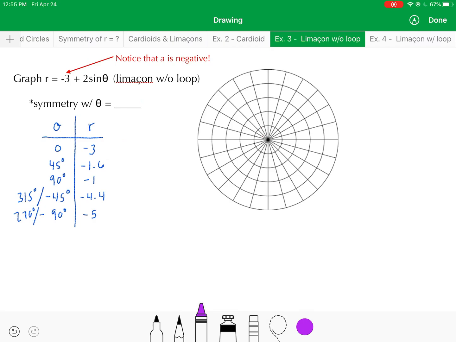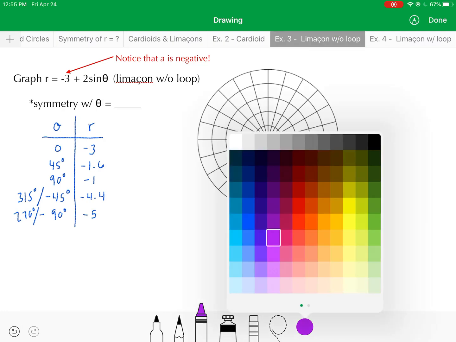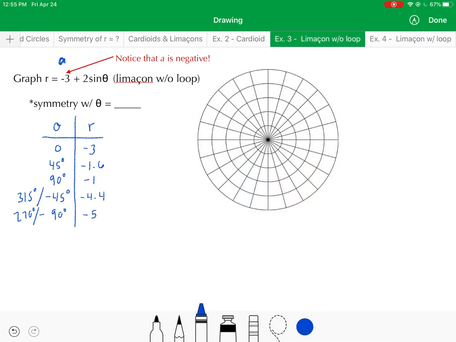All right, moving on to example 3. Equation we're trying to graph here is R equals -3 plus 2 sine of theta. Now when I make a comparison between my A and my B value, I'm going to take the absolute value of A. So my A value I want to think of as 3 here.